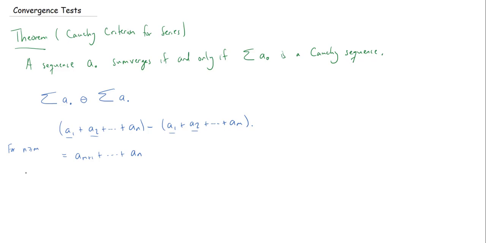Of course, it could be that n is less than m. Then what would you get? In that case, well, you're getting rid of all of the a1s through an's, and then there's going to be some left over, but you're subtracting them. So you'll have a negative a sub n plus 1 through a sub m.